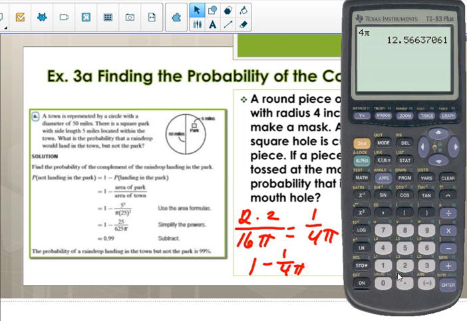I'm going to take 1 divided by that answer, so second negative sign, so that gives me 0.07. Now I've got to take 1 and subtract that from my answer. And that's how we get 0.9204. So the probability would be about 0.92.